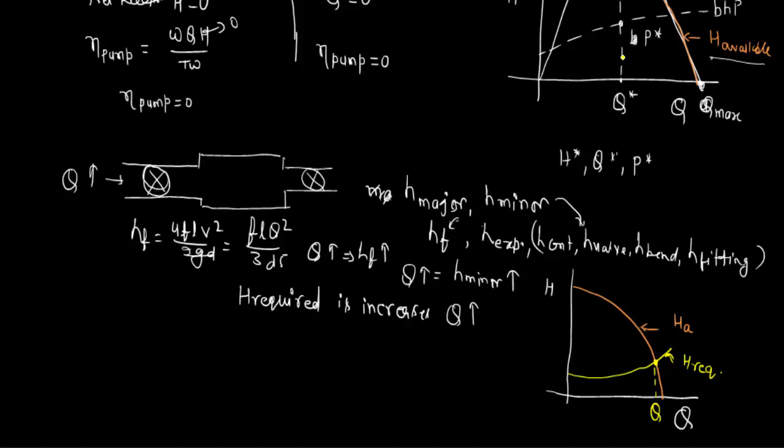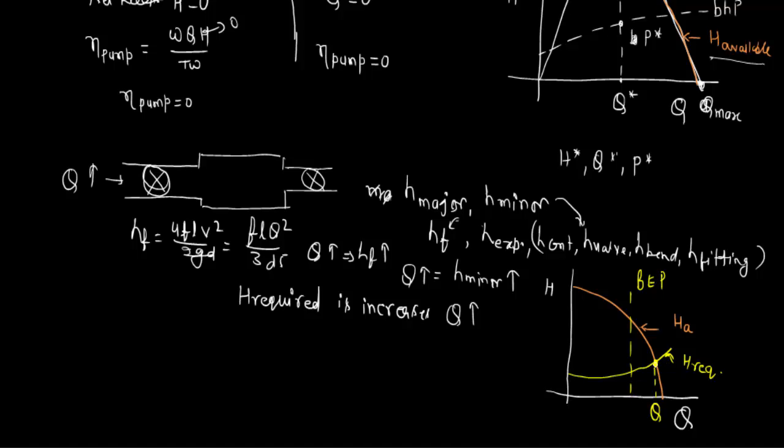And here we define the best efficiency point. Let me say this is our BEP. If we are lucky enough, we can get this intersection point of H available and H required at the best efficiency point.